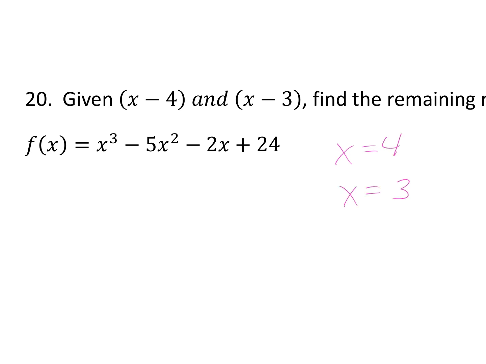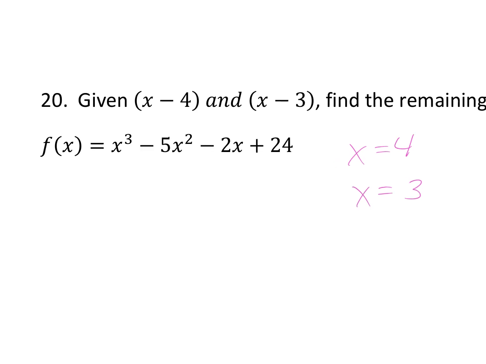If you know that both of those are quote-unquote answers, how could you figure out what the last one is? Can you use synthetic division? What could you use to synthetically divide? You could use 4 or what? 3, either one. Because you know two of them.